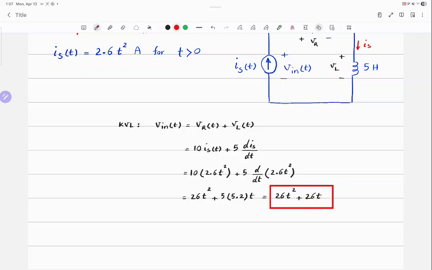What's the point of this example? That you can use KVL around any loop, whether it has inductors or not. And the units are in volts.